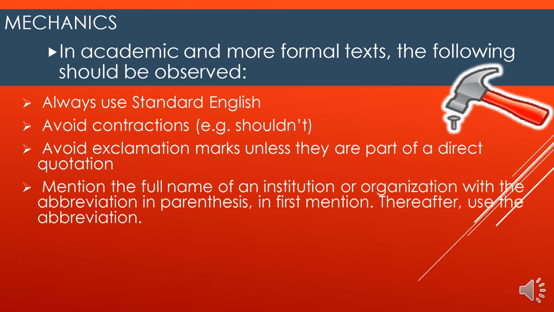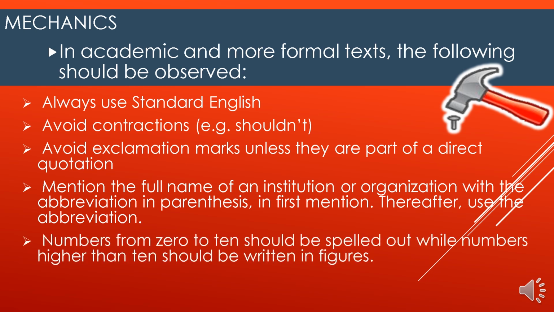Mention the full name of an institution or organization with the abbreviation in parentheses in first mention. Thereafter, use the abbreviation. Numbers from 0 to 10 should be spelled out, while numbers higher than 10 should be written in figures.